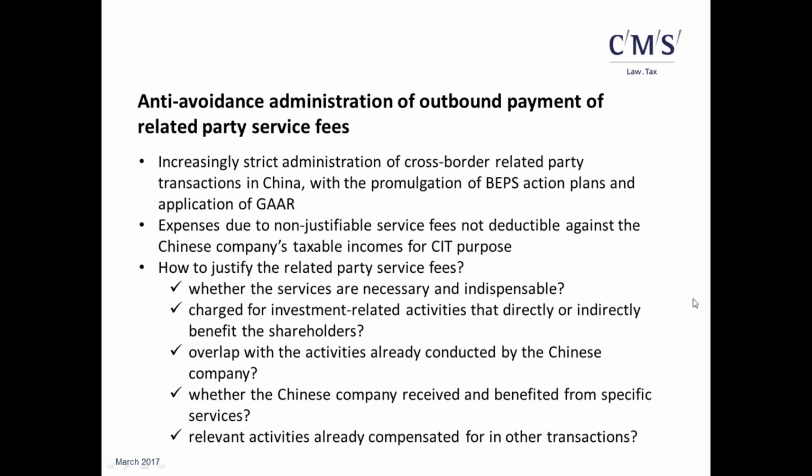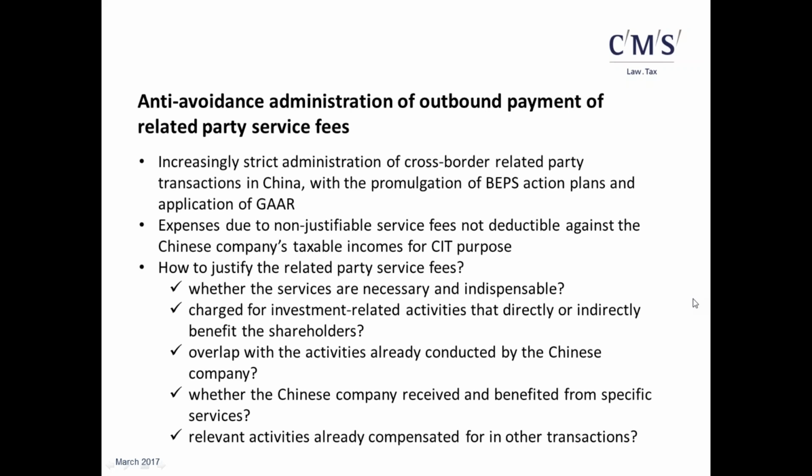You can see that in these cases, the beneficiaries of the services are the shareholders abroad themselves rather than the PRC subsidiaries, because group reporting, internal control and financial statement consolidation are the tasks of the foreign ultimate shareholders. So charging the service fees relating to the internal control or financial statement consolidation is not reasonable.